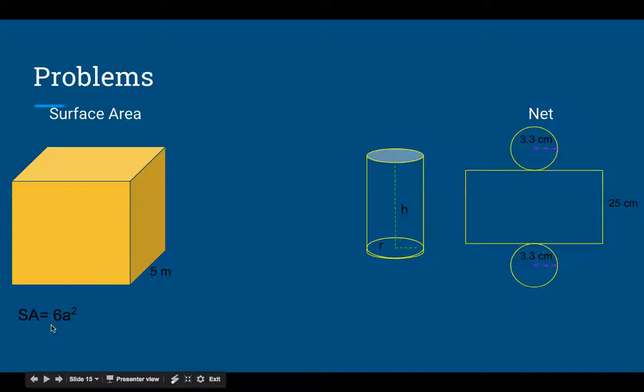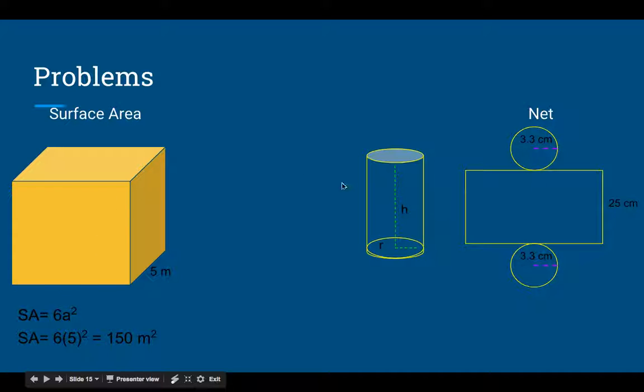For a, we need the measure of each side. Since we have 5 meters here, we can plug in 5 for a. So surface area is equal to 6 times 5 squared, which is 150 meters squared. Okay, so that's surface area for a normal three-dimensional shape.